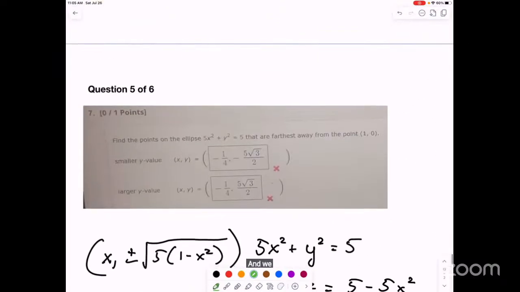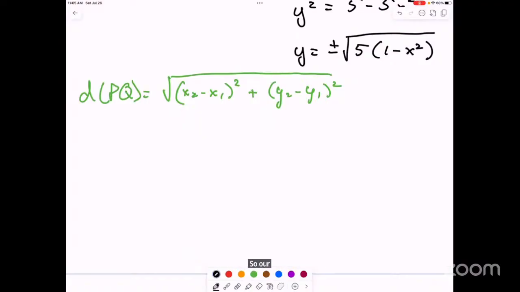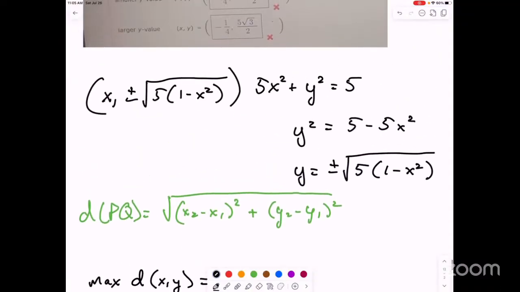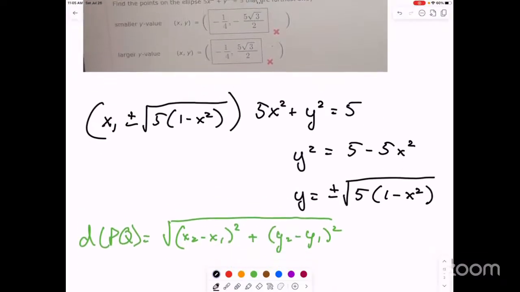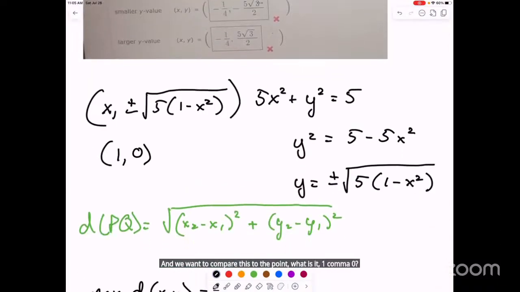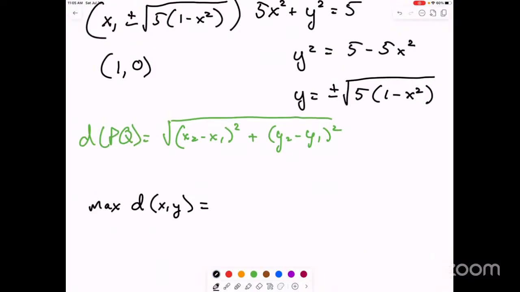So our goal is to maximize the distance between x and y, compared to the point (1, 0). So we might have to do it a couple of times because of that plus or minus.